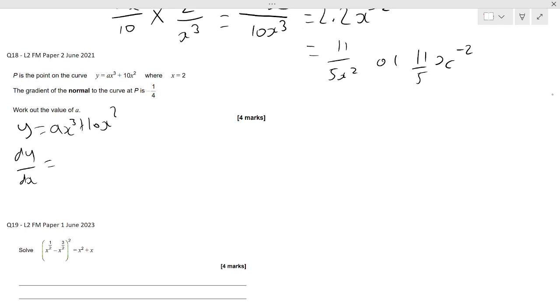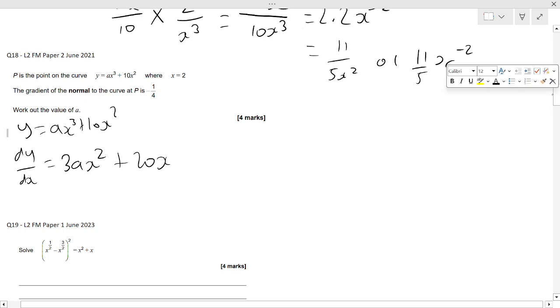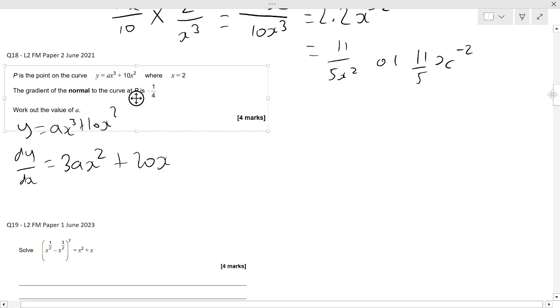If you have a power of 3, it's going to be 3 times a, which is 3a x, and then knock 1 off, so squared. And then 10, again, times the power by the number in front, that'd be 20x to the 2 minus 1, which should just be x, right? That's our derivative, so that's a general gradient. We need it at x is 2.